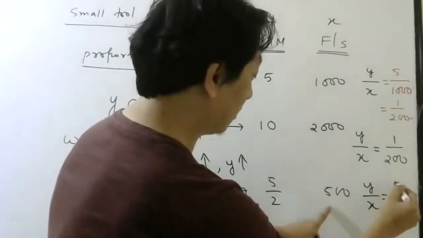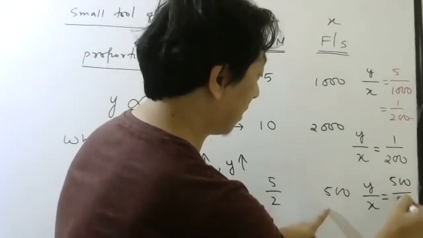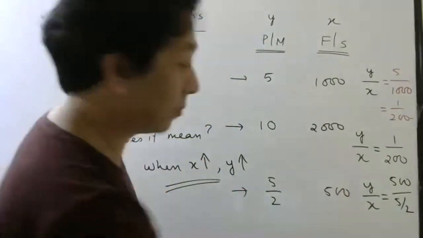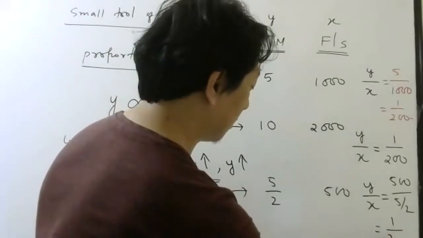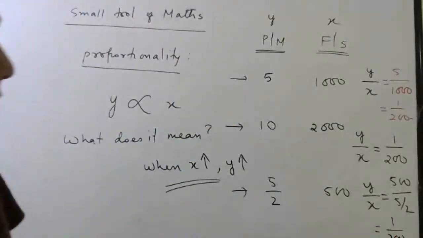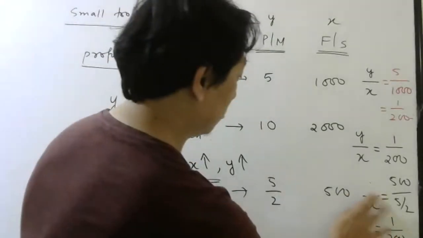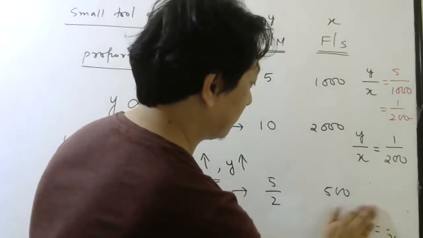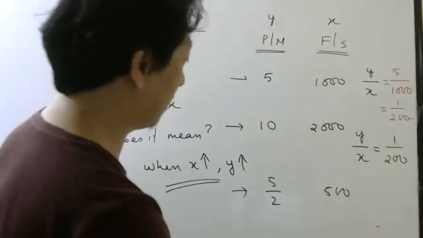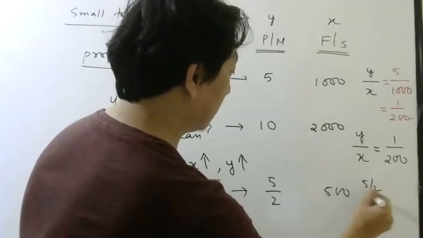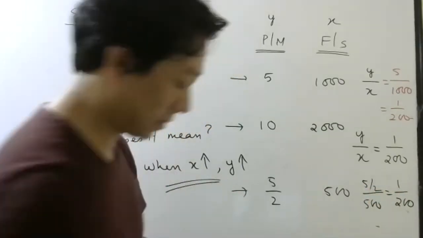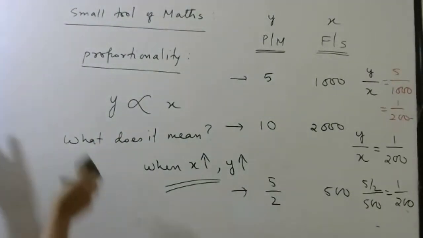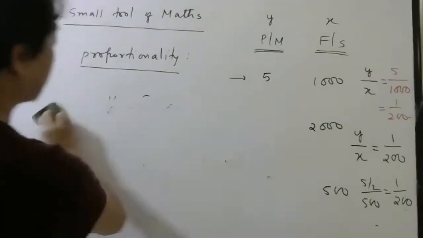Divide, no? Y by X means 5 by 2 divided by 500. So 1 by 200.